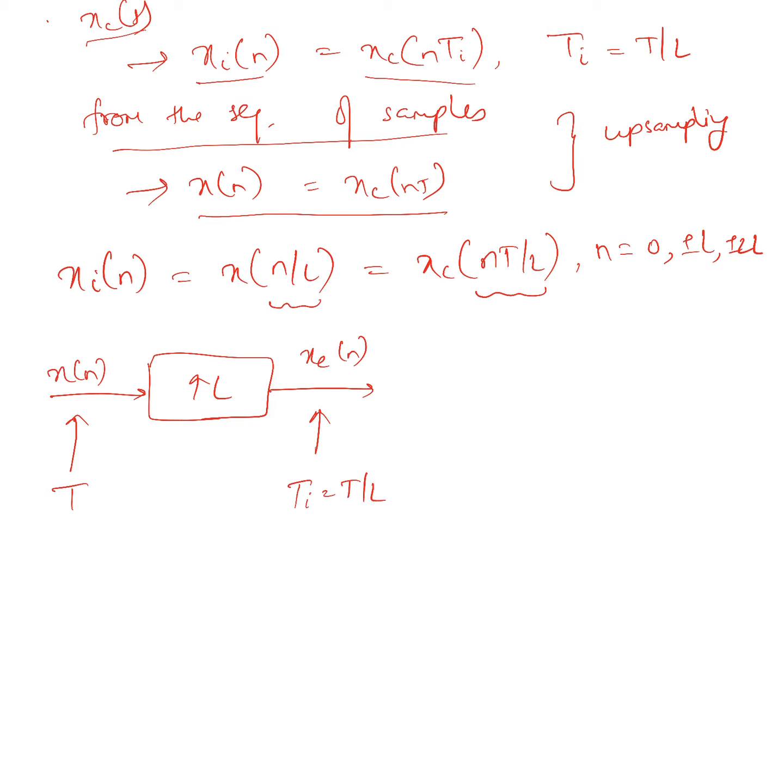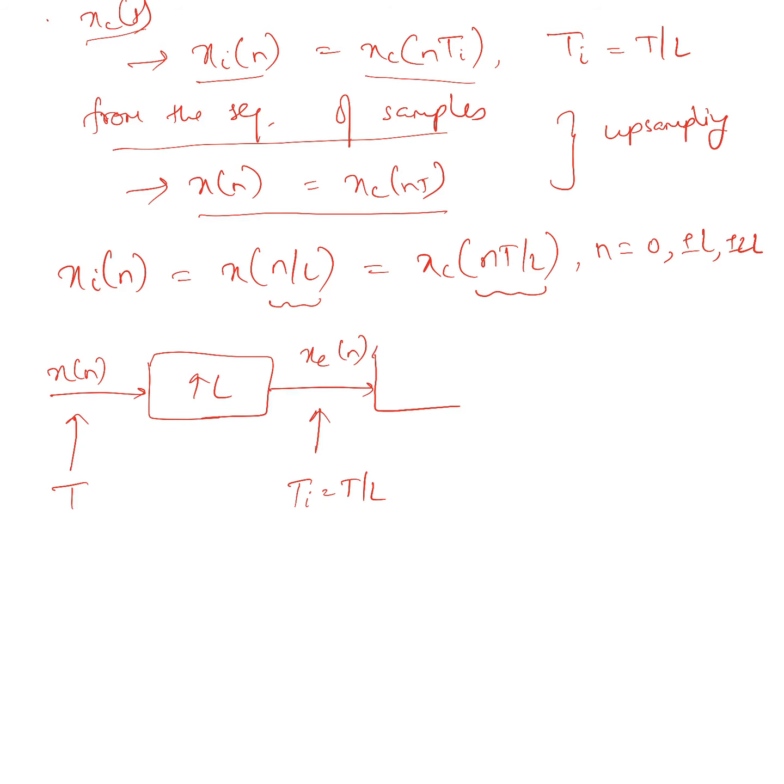If you recall from the last section, we talked about the aliasing phenomenon, where we reduce the bandwidth of the signal before doing the downsampling so that the aliasing can be removed. In a similar way, whatever signal we have obtained here, we will pass it through a low pass filter whose gain would be L and the cutoff frequency would be pi by L. We will talk a bit more about these parameters of the low pass filter, and the output of the low pass filter is what we have as xi of n.